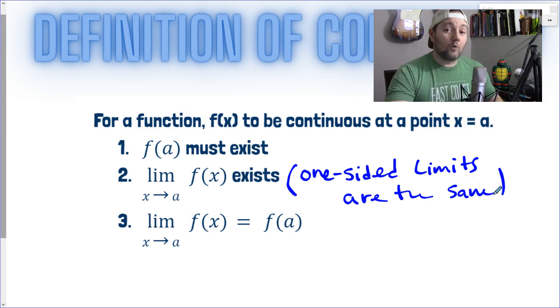And then you've got the last one, which says that 1 must equal 2. The point that we found in 1 must be the same as the limit we found in 2 in order for it to be continuous.